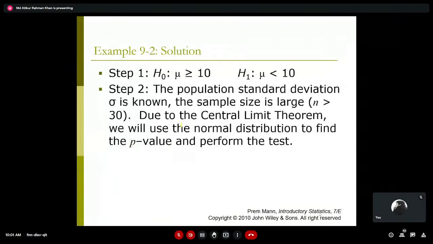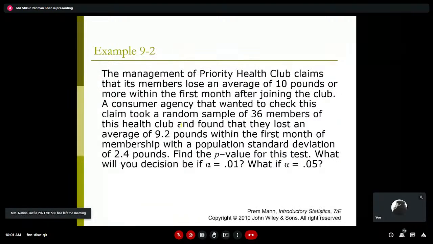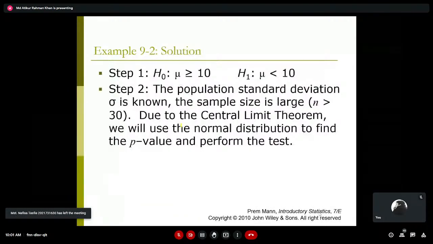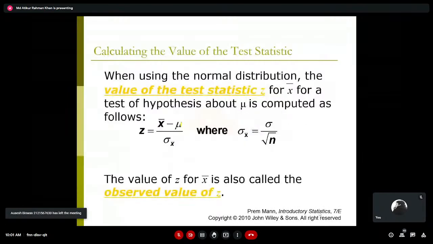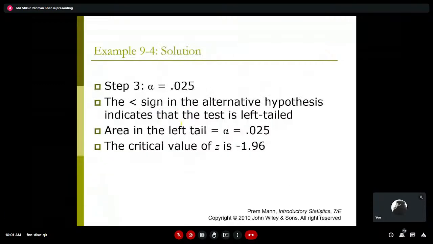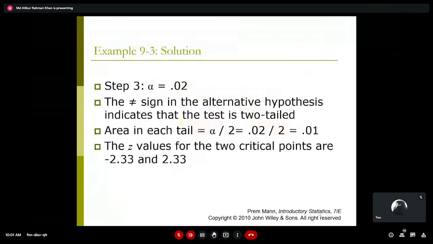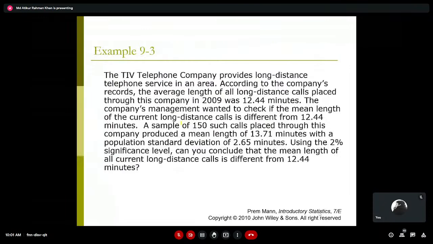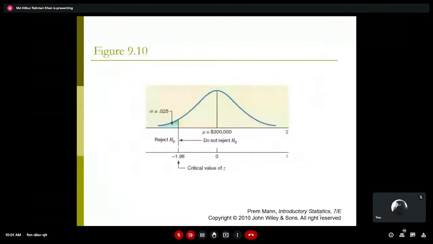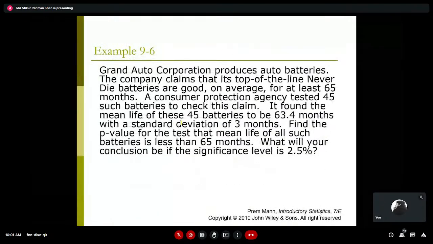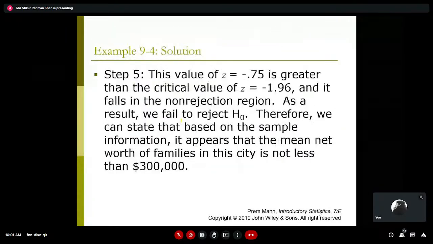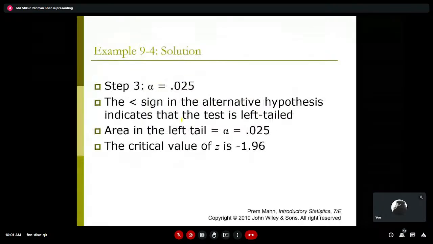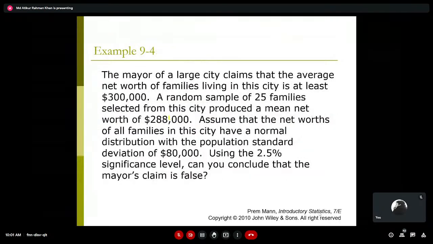We also have done something like that. Okay, so we have learned how to work out with the p-value approach.